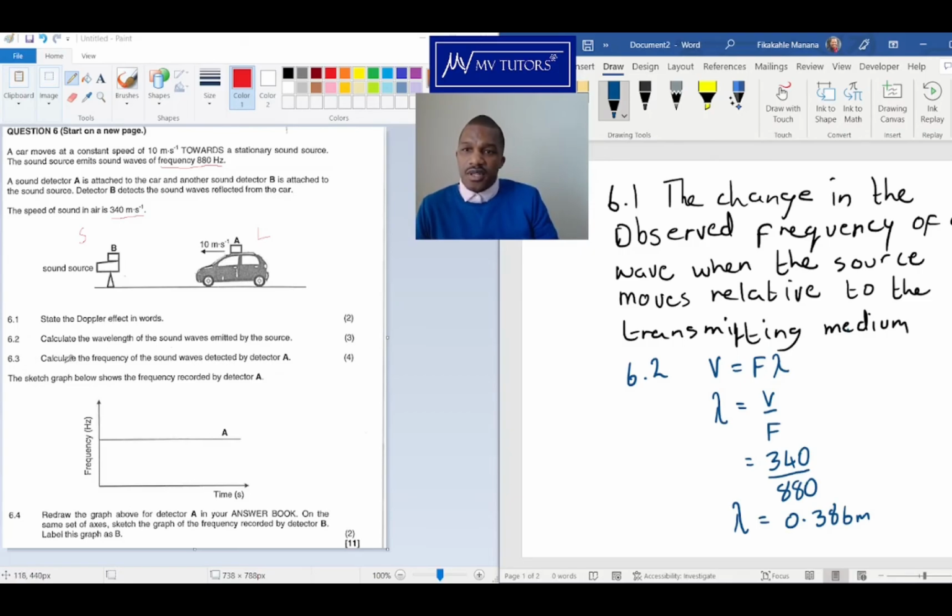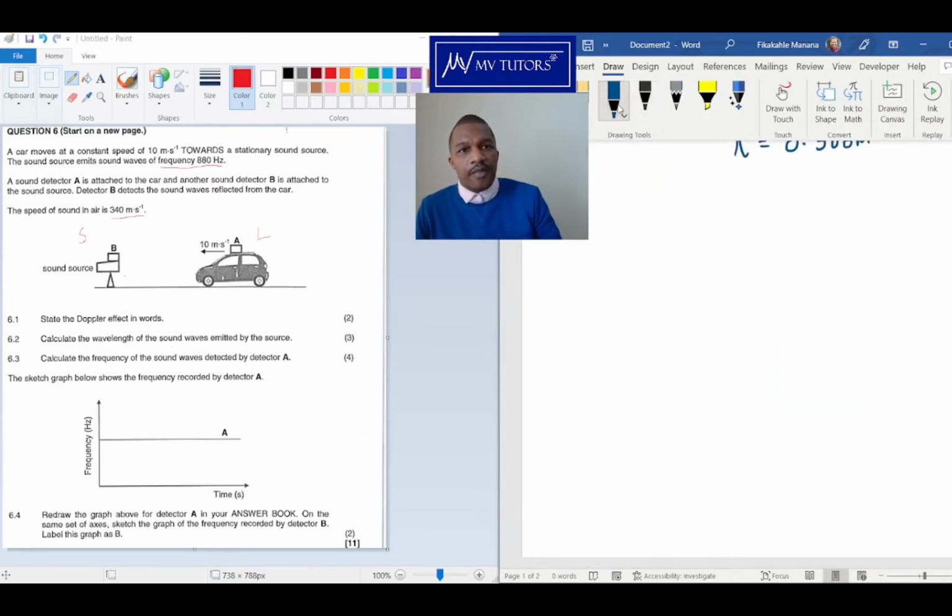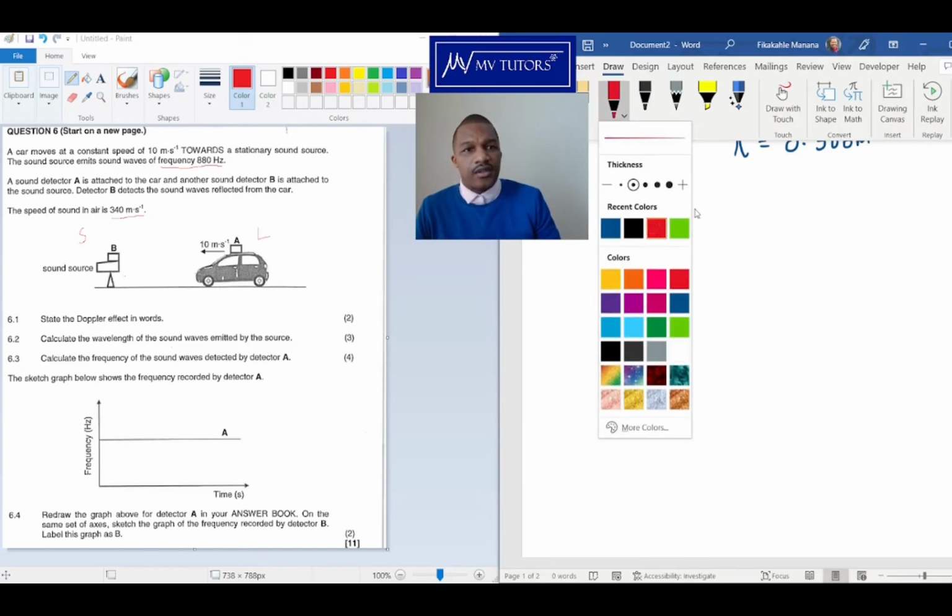Now 6.3, calculate the frequency of the sound waves detected by detector A. Detector A, remember we said this is the listener. Okay, so now when we go to our formulas, let's go red.